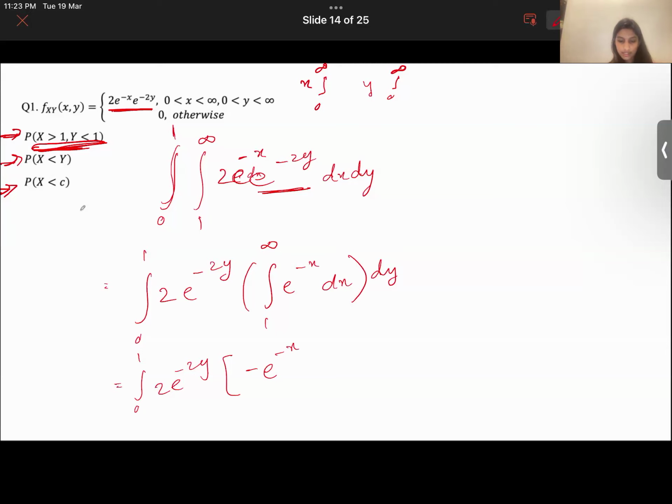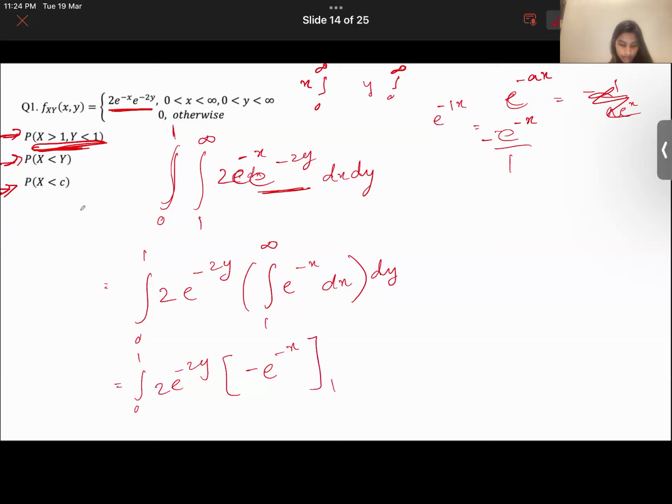Why? Because, like we saw, e power minus ax integrates to minus 1 by a, e power minus ax. Here e power minus x means e power minus 1x, so you have minus 1 in the denominator, and you just get minus e power minus x.